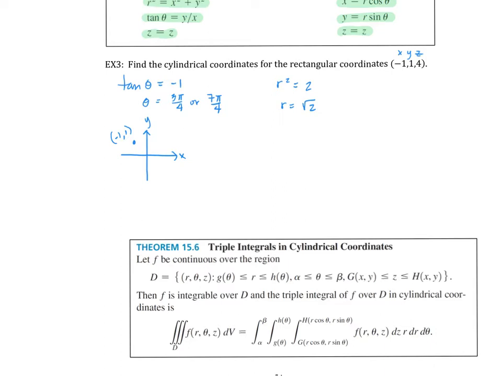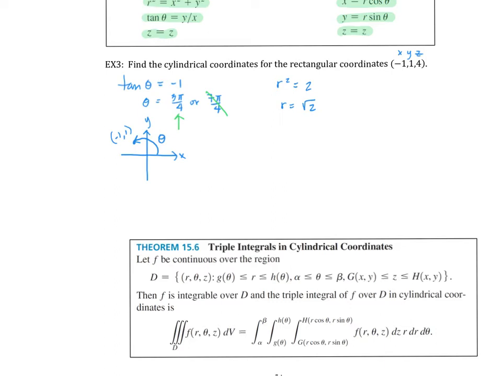I'm just trying to figure out what theta value I'm using. I'm in quadrant 2. So my theta value that I'm using has to give me a value in quadrant 2. That tells me that I'm picking theta equal to 3 pi over 4, not 7 pi over 4. So you always have to, if you're in rectangular coordinates, take into consideration what quadrant you're in.